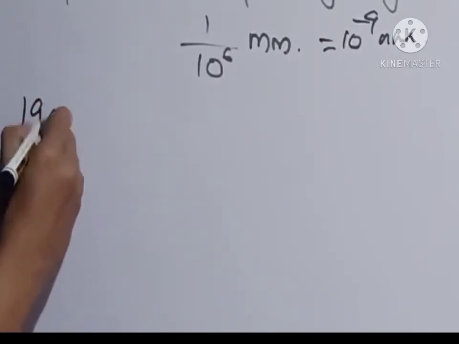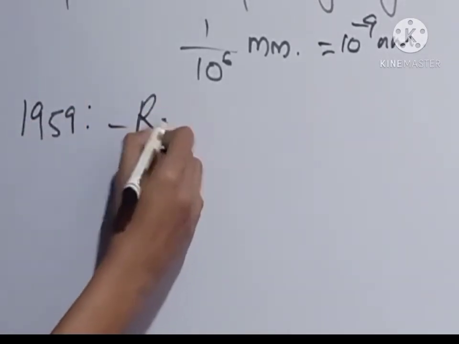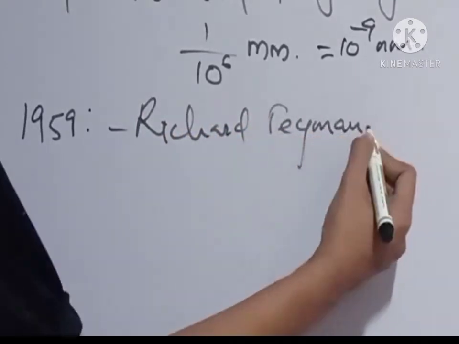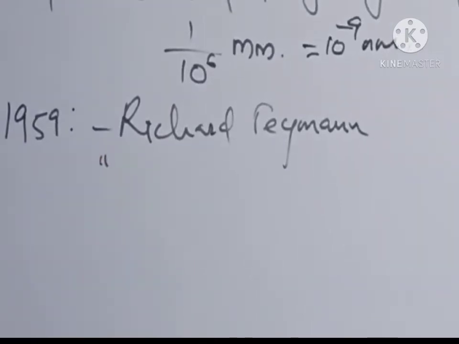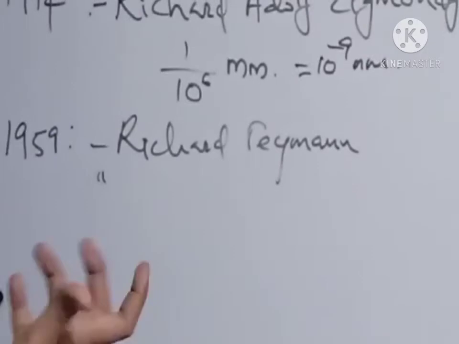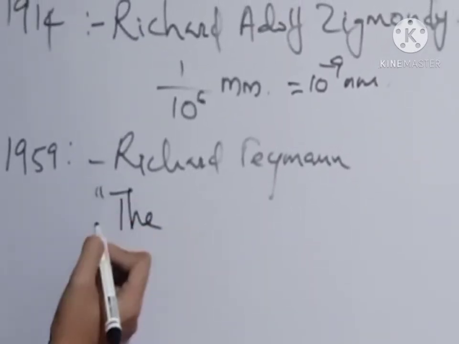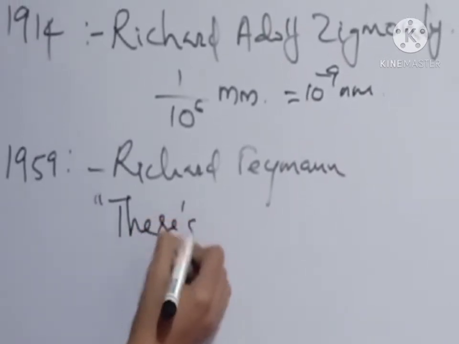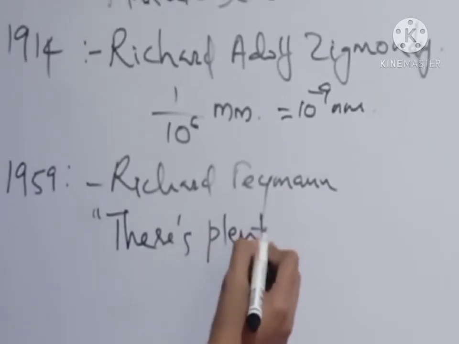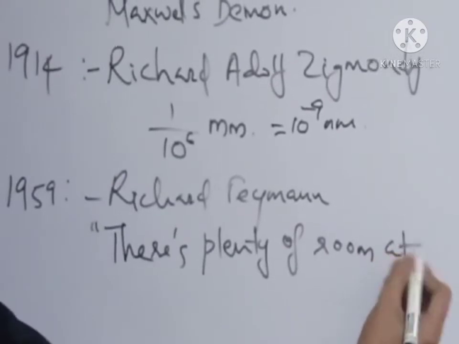In 1959, Richard Feynman wrote a book which mentioned the tiny particles, that is nanomaterials, and the name of the book is There is Plenty of Room at the Bottom.